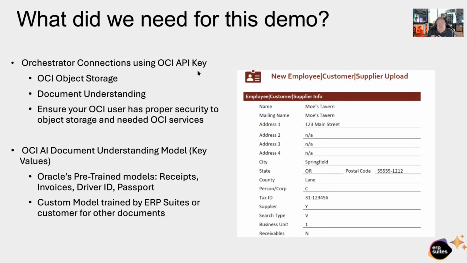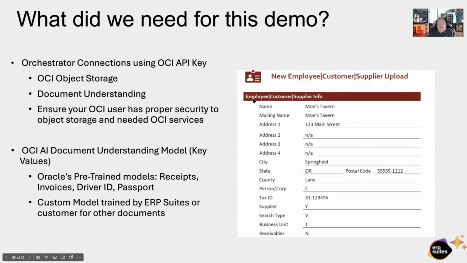Then on top of that, this particular one doesn't fall into the pre-trained models. The lessons that Oracle JD Edwards has put out for you have receipts and invoices, and they also have a couple for drivers' licenses and passports. But because ours is quite a bit different, we basically made our own custom model and trained it to recognize some of the variations in these documents.